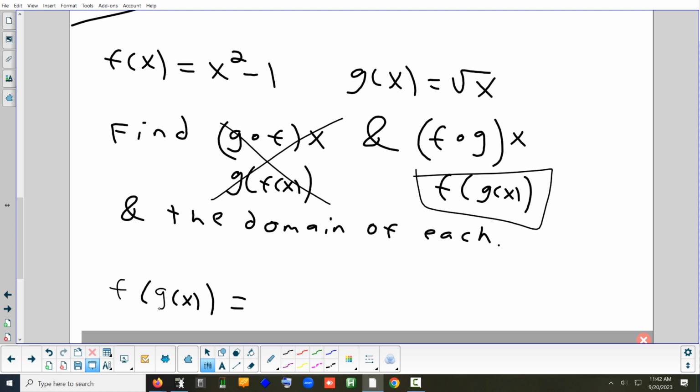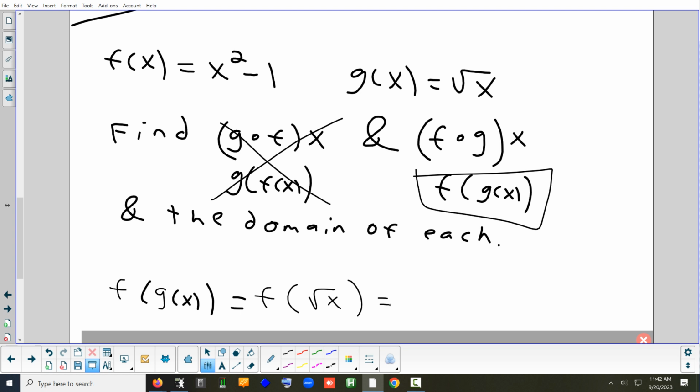Okay, same idea. f of... what are we going to replace inside the parentheses here? It's going to take the place of g of x. Square root of x. Yep, we're going to put in square root of x.